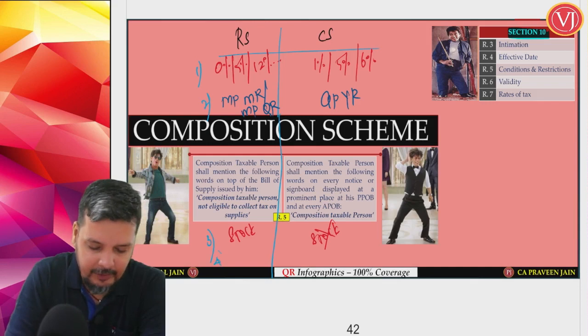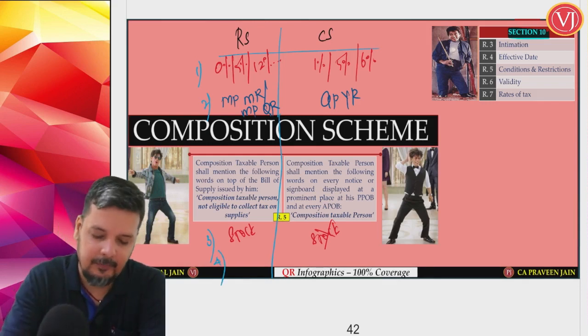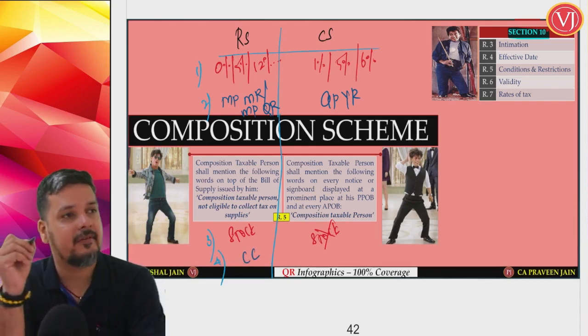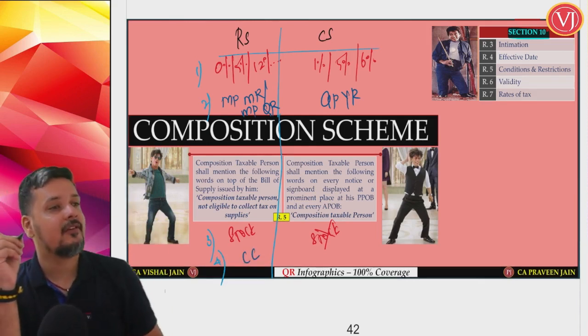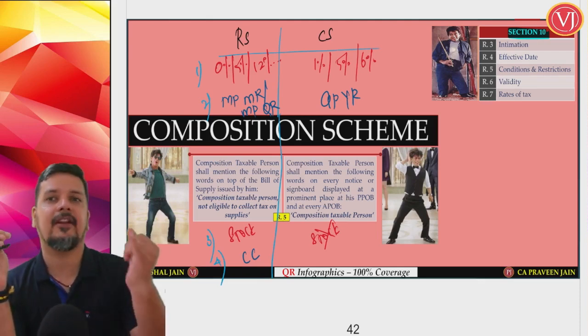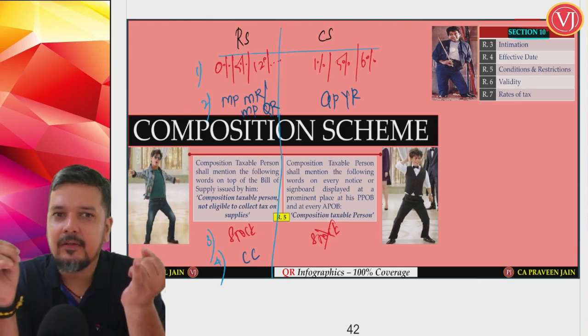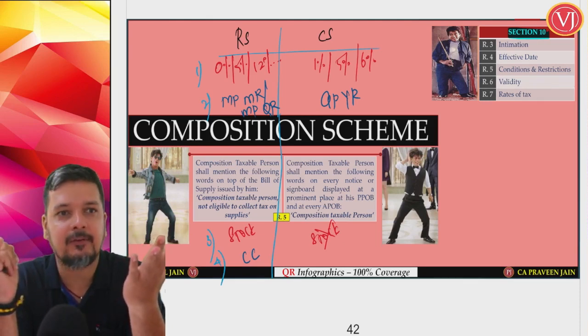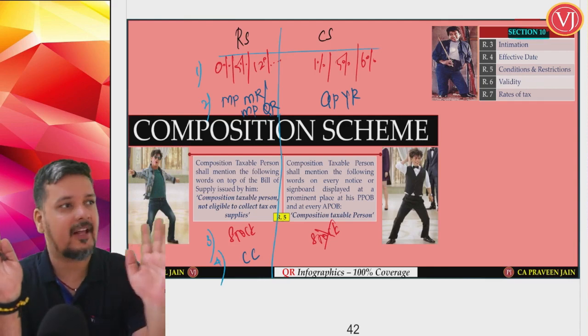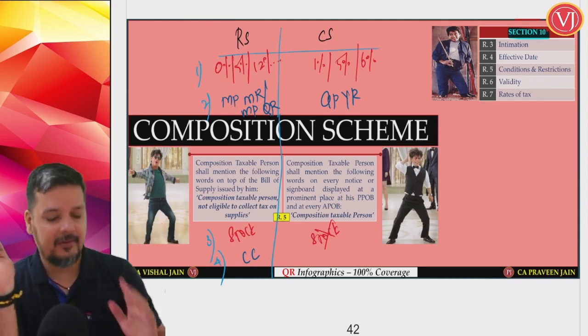And when you talk about your regular scheme, the rate can have compensation cess. It can be 28% plus compensation cess. Correct? What are the rates that we discussed? 0, 5, 12, 18, 28, 28% plus compensation cess, etc. So that's a possibility of compensation cess.